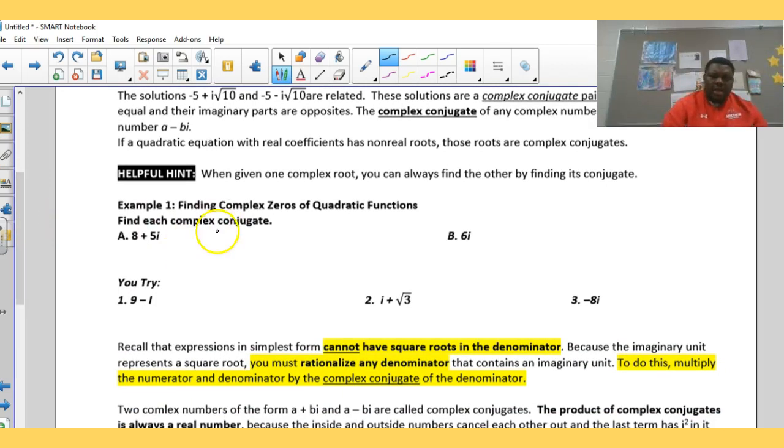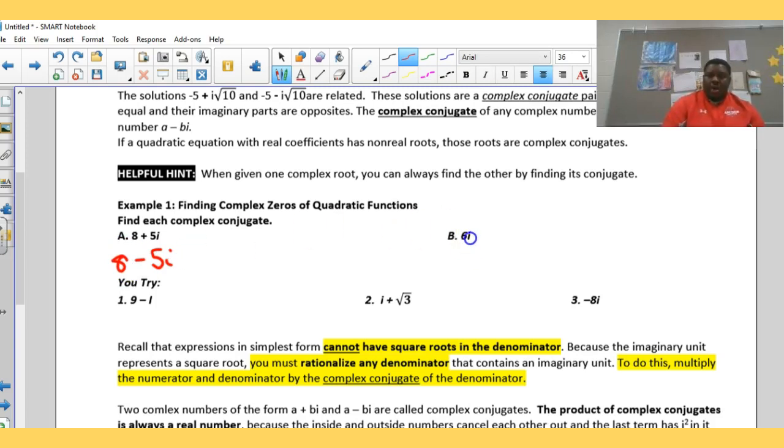So take this right here. It says, find each complex conjugate. Well, again, here's a complex number. The only thing that should change is the operation in front of the complex or imaginary part. So you have 8 plus 5i. The conjugate will be 8 minus 5i.